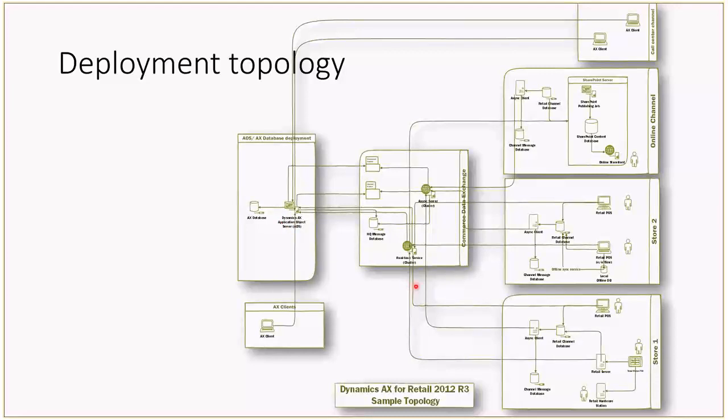And when that information goes down to the channel database, your retail POS and your retail server would use that information to connect to the load balancer, and the load balancer in turn would dynamically route the queries to a different instance.